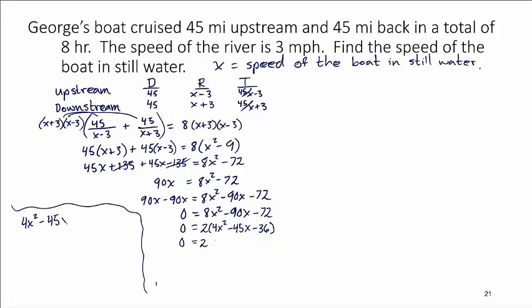It's a good challenge. So 4x squared minus 45x minus 36. We can use the AC method here. So 4 times 36 is 144, negative 144. Factors of negative 144 that add to negative 45.